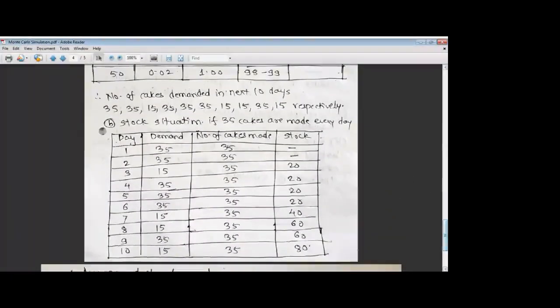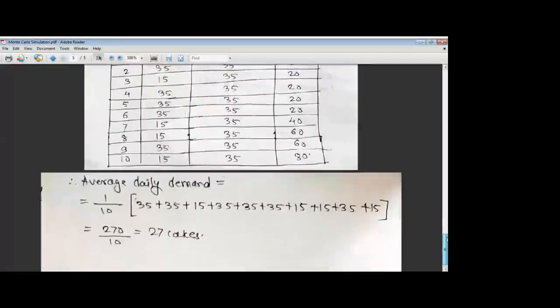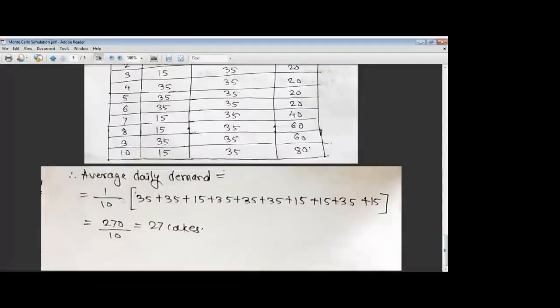So this is the way you answer the stock situation if 35 cakes are made every day. We have also been asked what the average daily demand is, depending upon the simulated values. So we have 10 days, and we have 10 simulated demand values of the cakes.